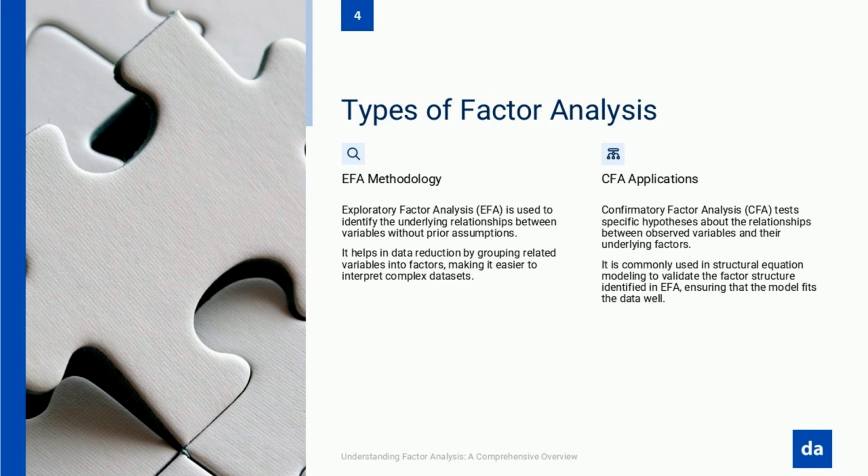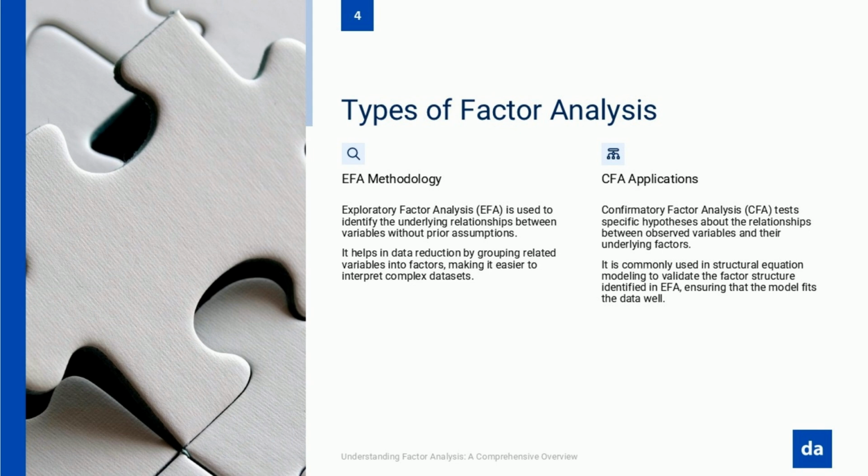On the other hand, confirmatory factor analysis is like going into the investigation with a prime suspect in mind. You already have a theory about how the factors should be structured, and you're just testing whether the data supports it. If the evidence lines up with your expectations, great.